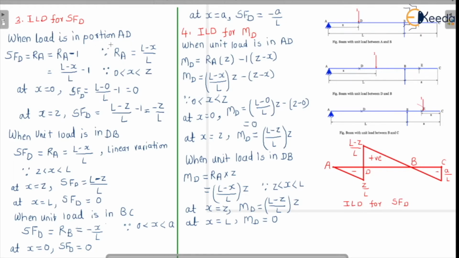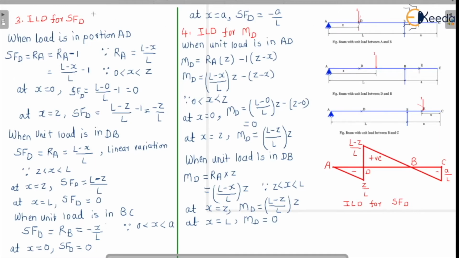Now when the load is in portion AD, when the load is only in this portion in between AD, then what is the shear force at this point? Shear force is nothing but whatever load at the left side you can see. So the load at the left side is the shear force at D. It is nothing but RA minus 1.